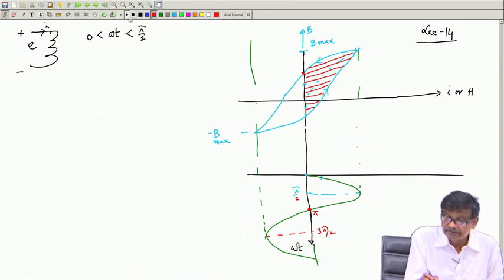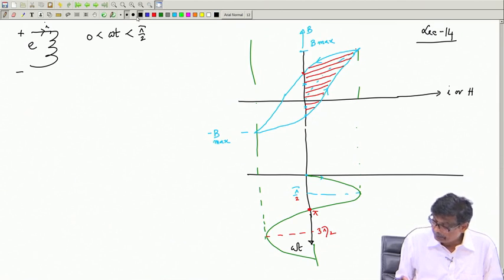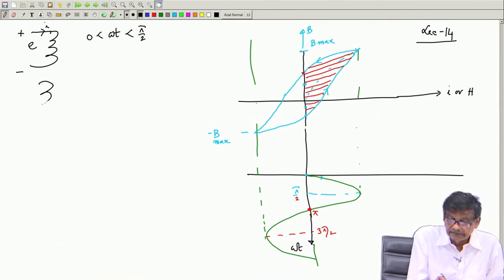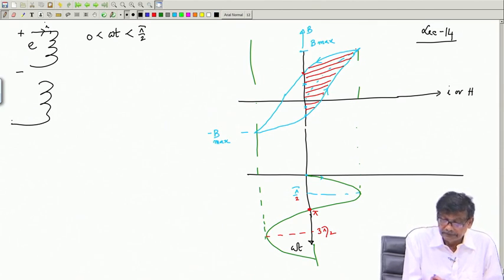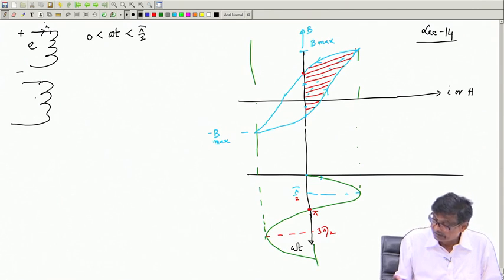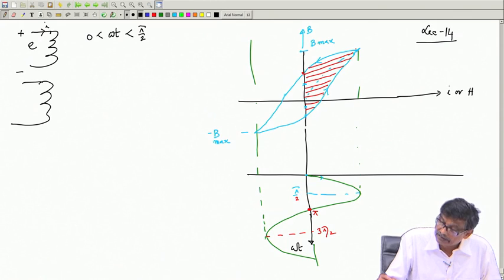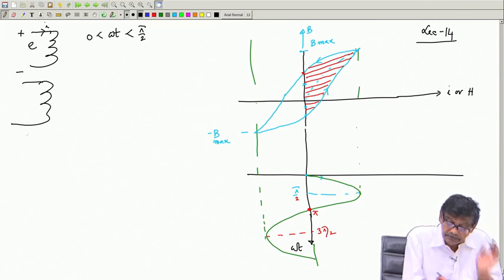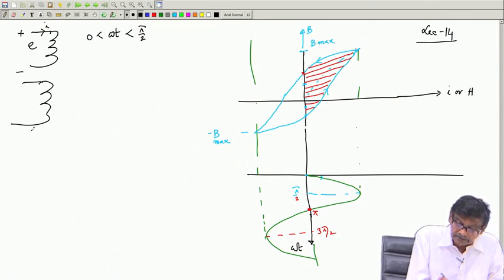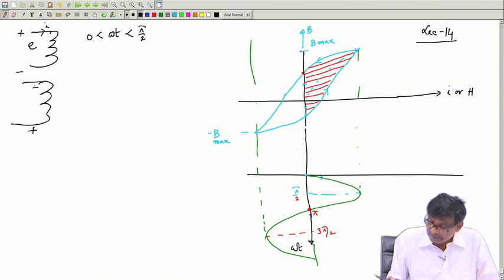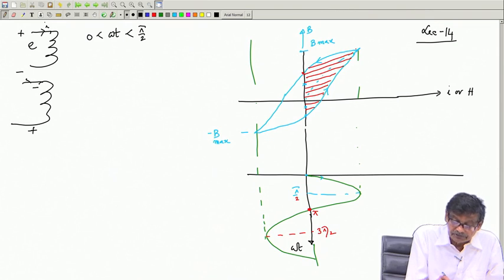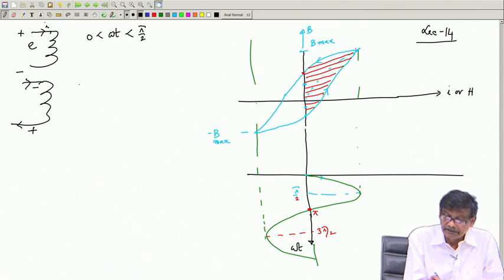Then what happens between pi by 2 and pi? This is the coil, and then the induced voltage, as you see, B decreases in this path, dB/dt is negative. So, induced voltage will be plus minus, and current of course still remains positive, means this is the direction of the positive current. So, this delivers energy.